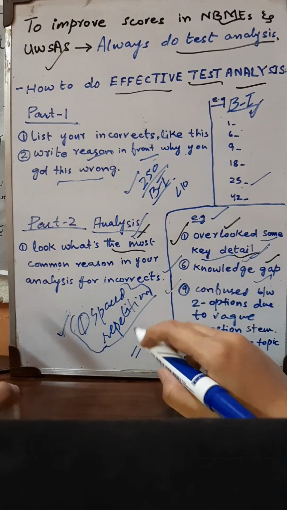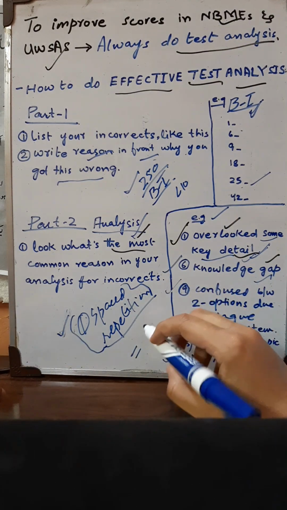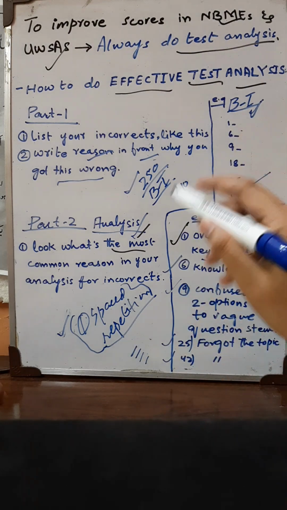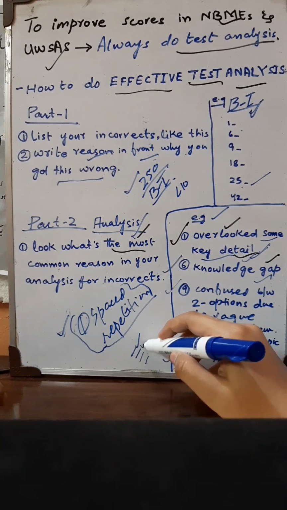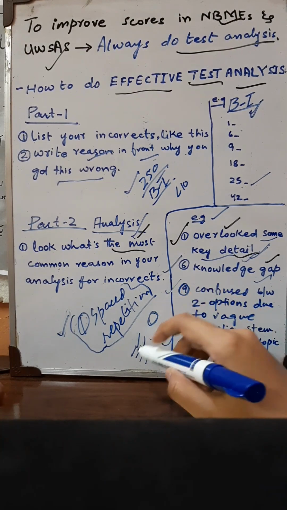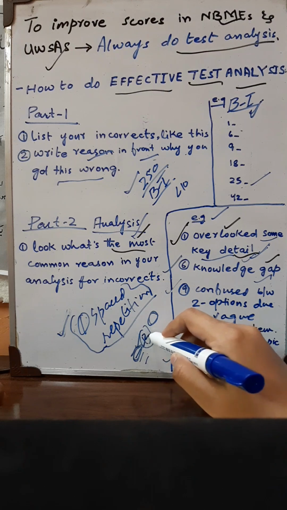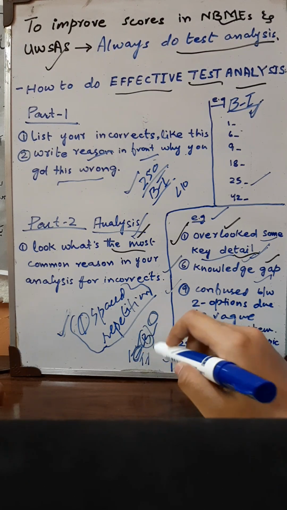Maybe in some test papers, they are too close to each other, and most of the details in the question stem are favoring all the options, and there is only a single key detail that will specifically hold on to answer option B, while making the other ones incorrect, right?